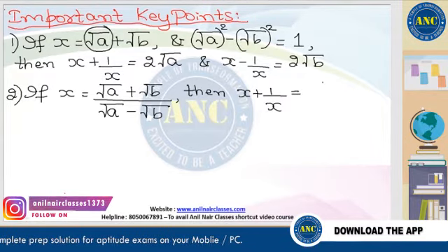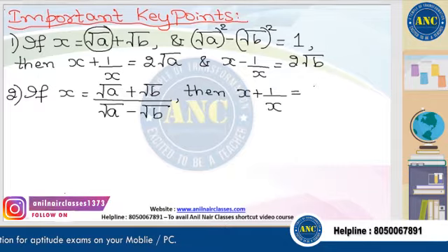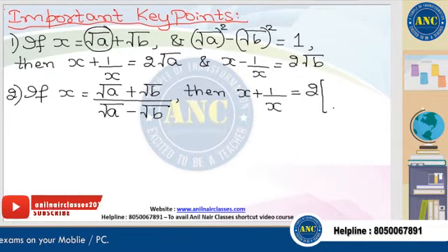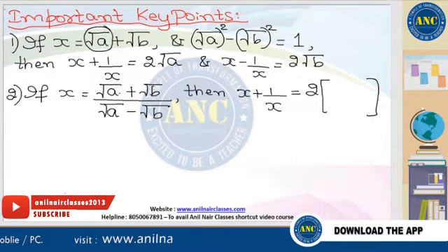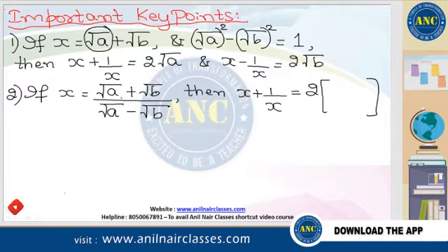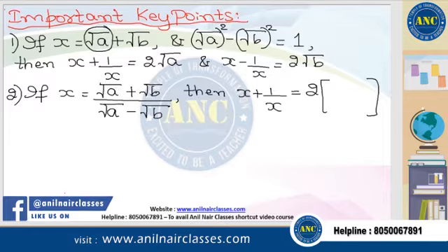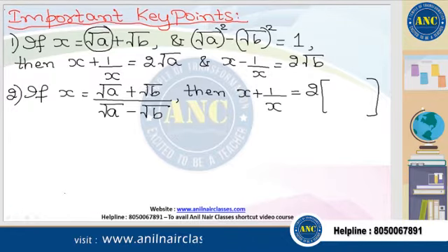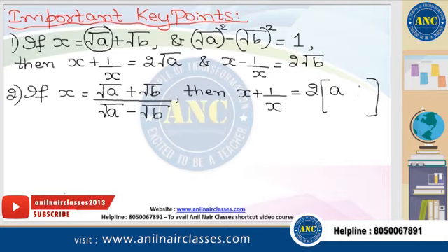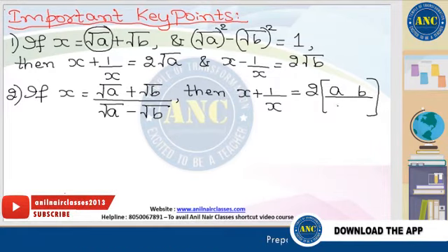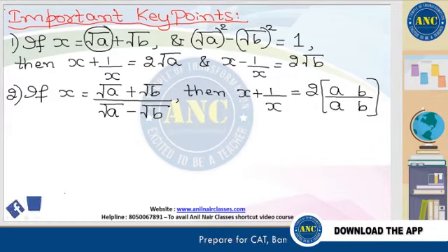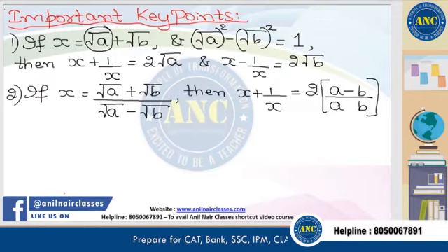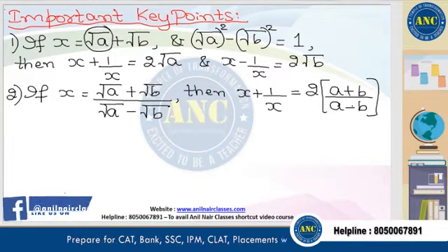What is the notation I can use to find the x plus 1 by x value? It is 2 times whatever values you have in the numerator and denominator. Write down the same values but without the square root terms. That means numerator I have a and b, denominator also I have a and b, but numerator put it as plus, denominator put it as minus.